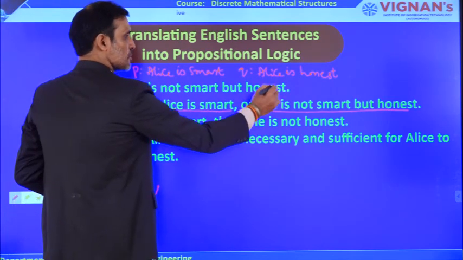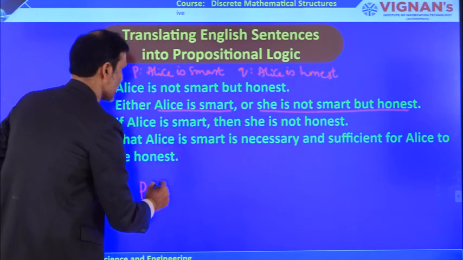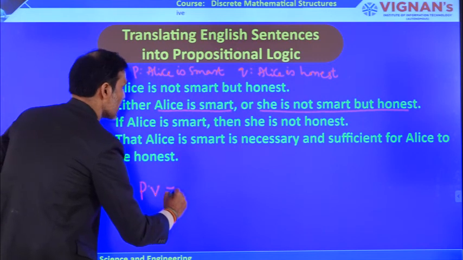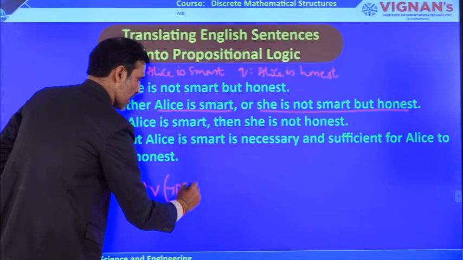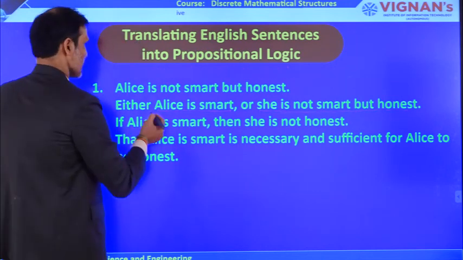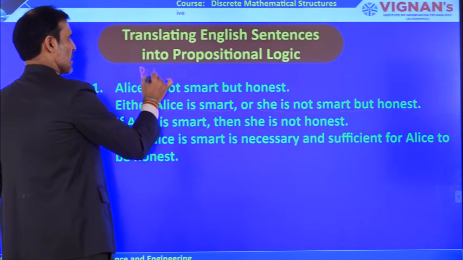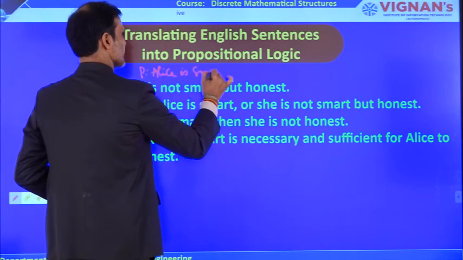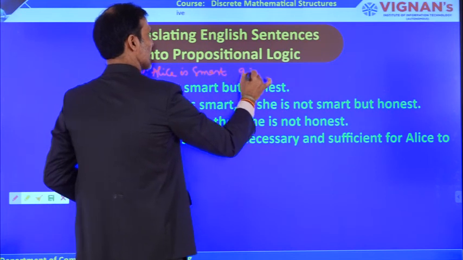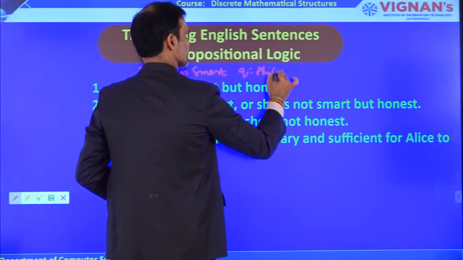And she is not smart but honest can be written as negation of P and Q, where P is Alice is smart and Q is Alice is honest.